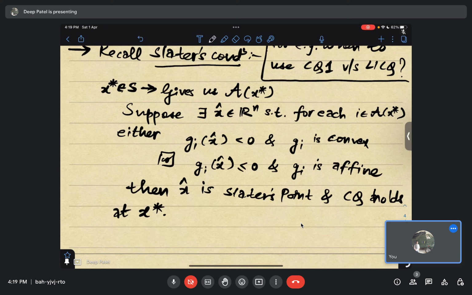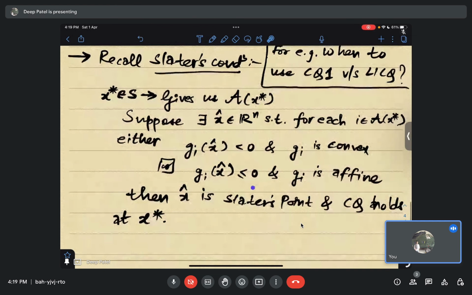Remember that we are not asking x hat to be only some feasible point. It can be any Rn point. Is that fine? Yeah, I get it. Yeah, this definition is a little bit tricky and hard to digest at first go. It'll take some time. Anyway, we'll solve some problems and get better.